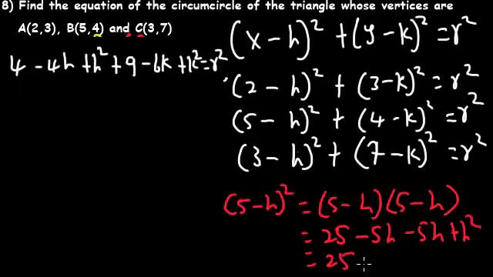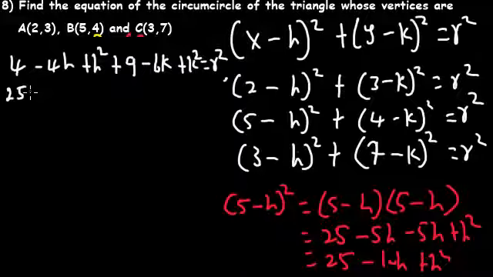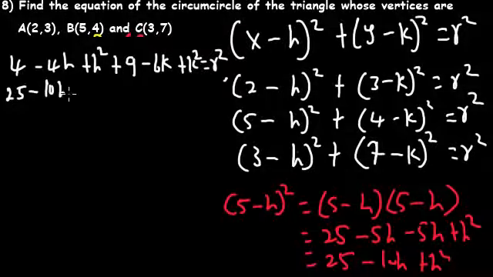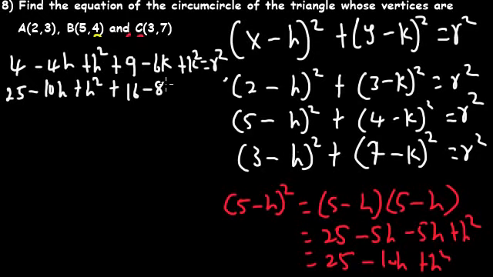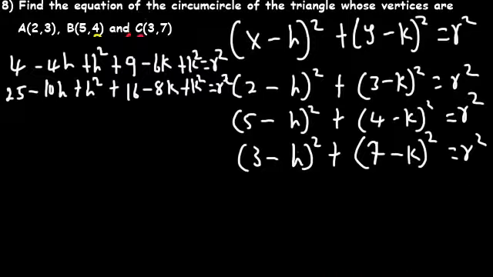That results in 25 minus 10h plus h squared. And for (4 minus k) all squared, that gives us 16 minus 8k plus k squared, equals r squared. Perfect. Now on to the last one.